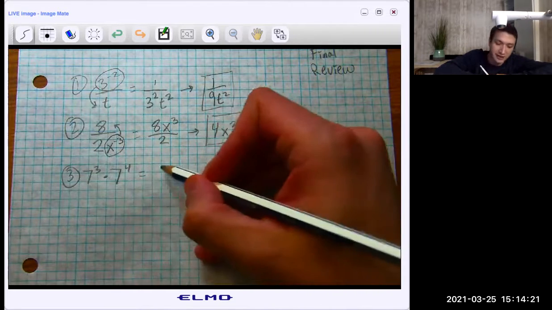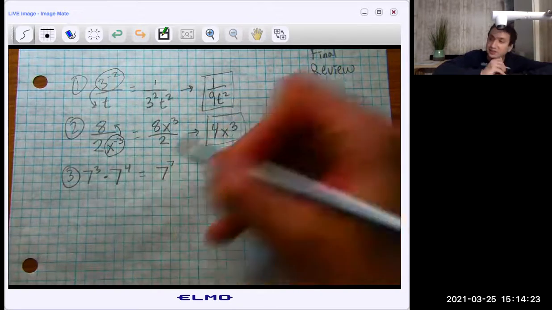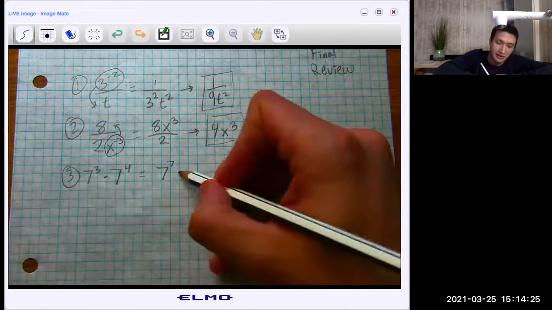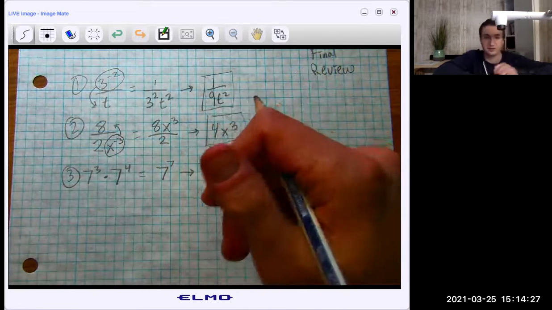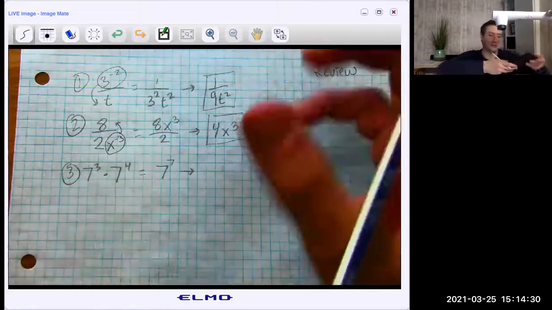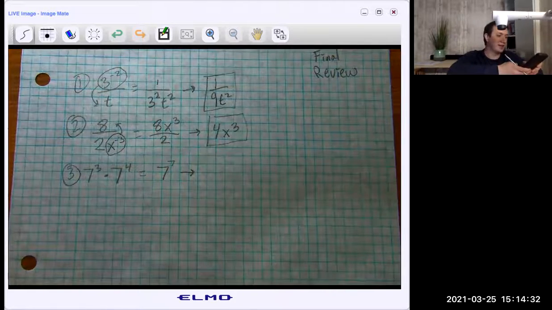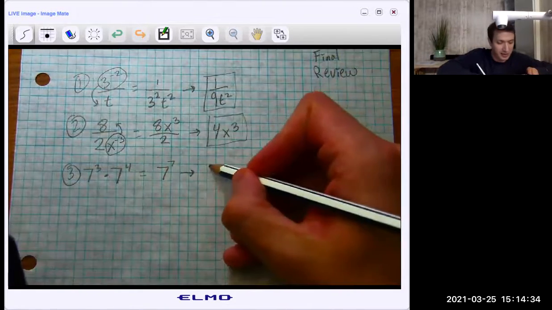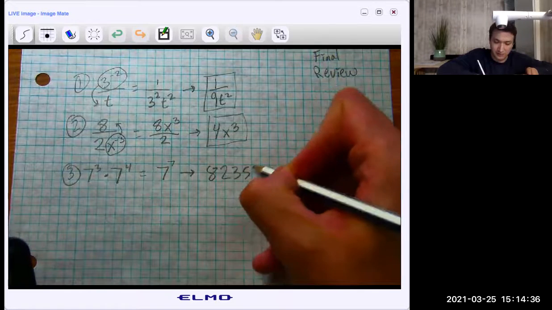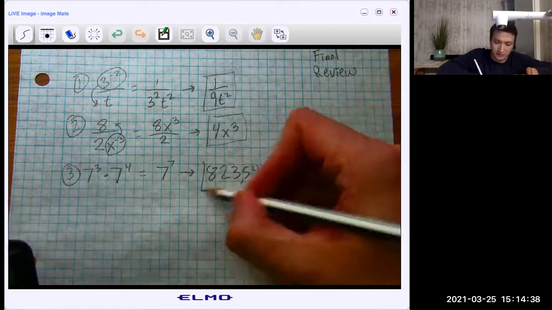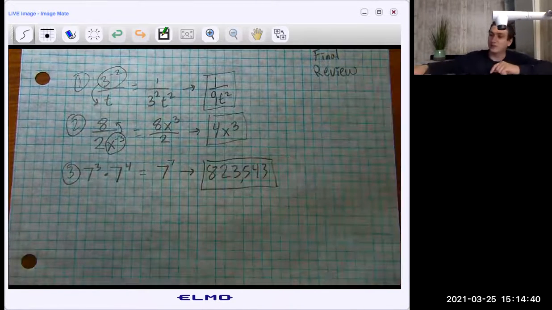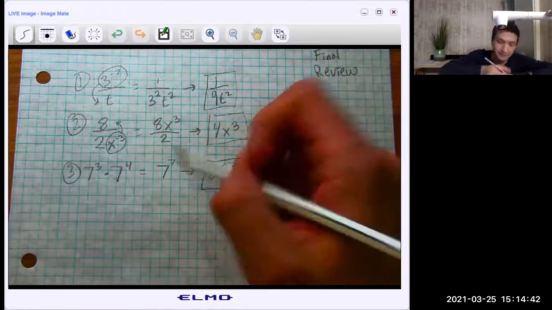So altogether, we're going to have 7 of them. So this is really 7 to the power of 7. And then, where'd my calculator go? Please use a calculator on big problems like this. That ends up being, wow, 823,543. So what happened there was the exponents were added.